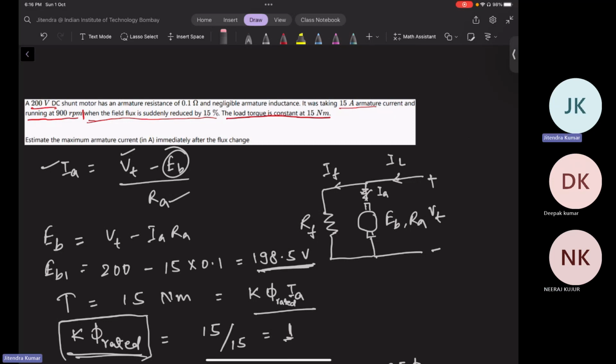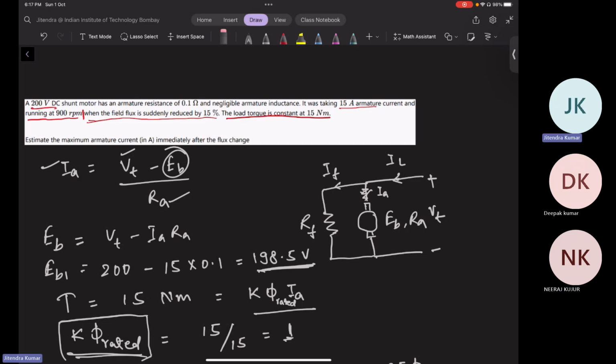You just reduce your field current, your flux will be reduced. Very simple. Now, the effect of that reduction in flux will be transferred to the mechanical domain, which is your rotor. It's rotating at certain speed. It will take some time to come down to that speed.